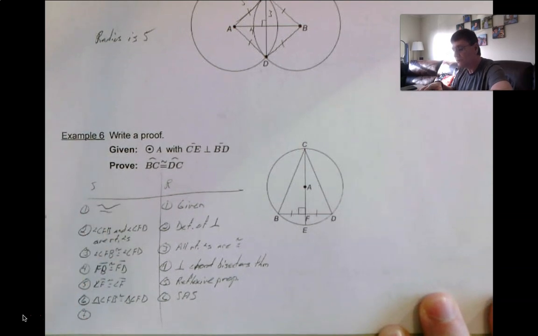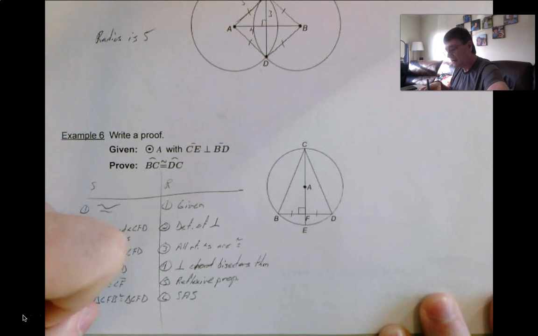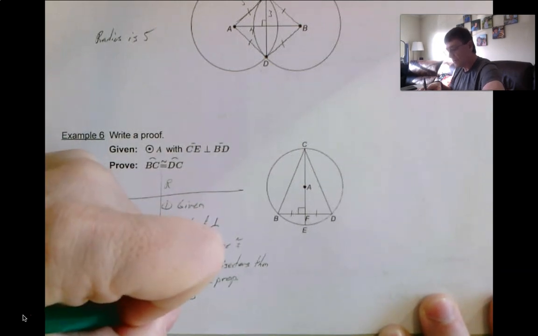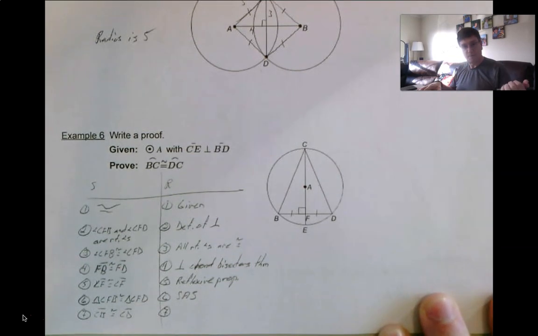7, I'm going to squeeze this in here. I've only got 2 more lines left. Segment CB is congruent to segment CD. CPCTC.